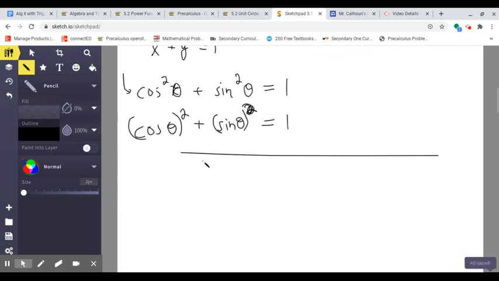Now let's use it. So here's an example. Suppose that, let me just set up the problem.